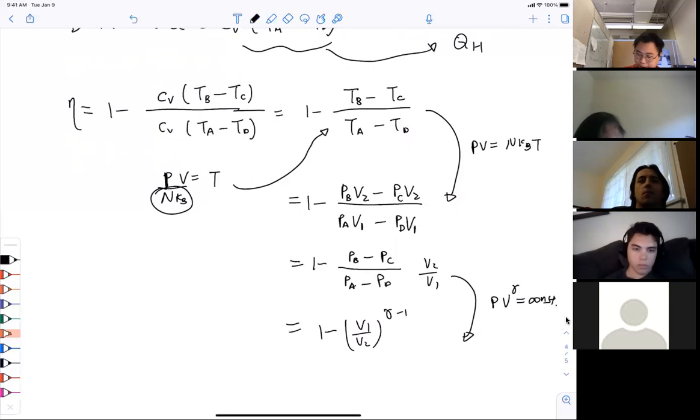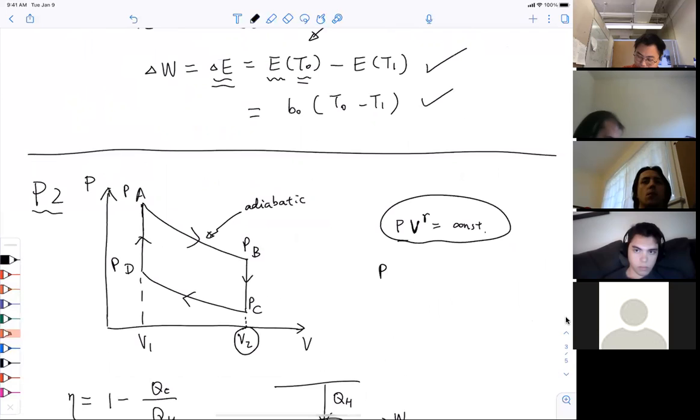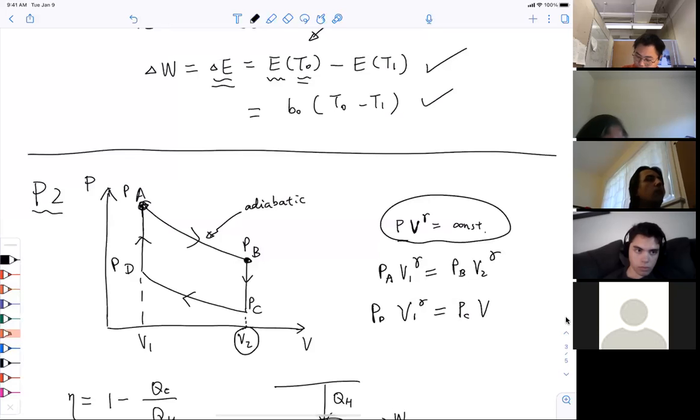Basically, we need to connect PA with PB and PD with PC. So PA V1^gamma equals PB V2^gamma, and PD V1^gamma equals PC V2^gamma.